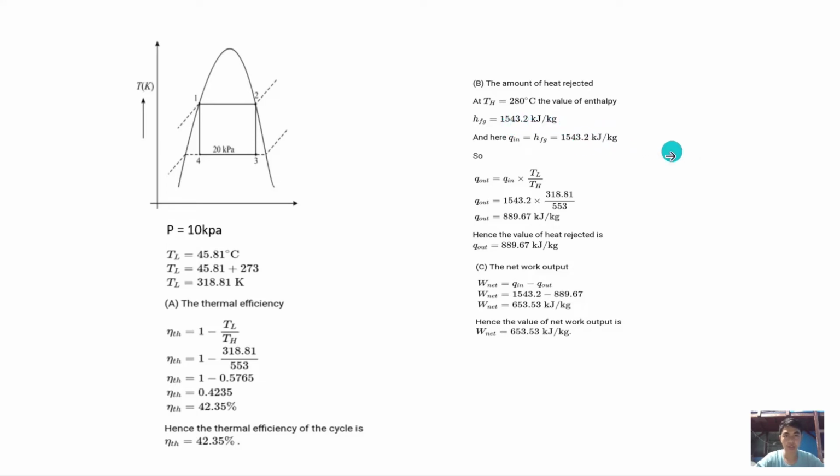For the enthalpy values, we look at the steam table for the evaporated enthalpy, which is 1,543.2 kilojoules per kilogram.